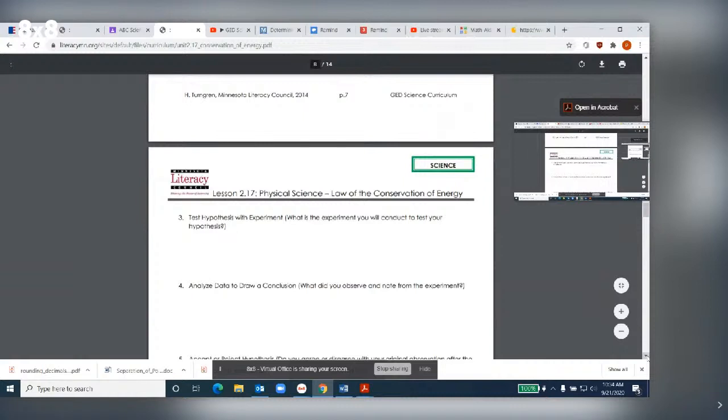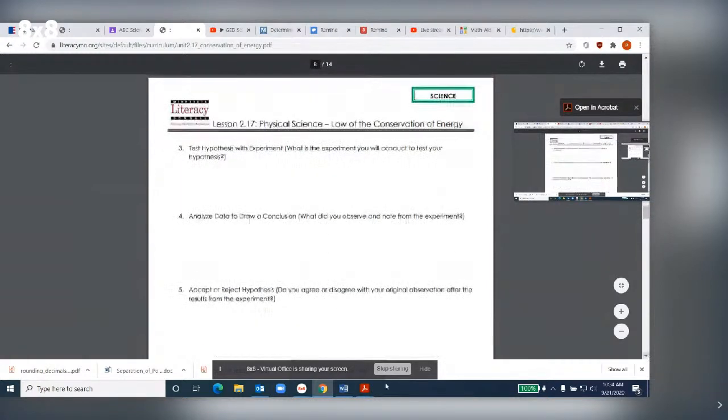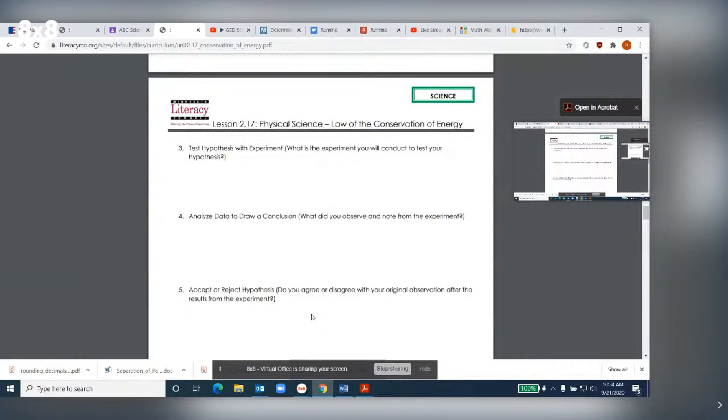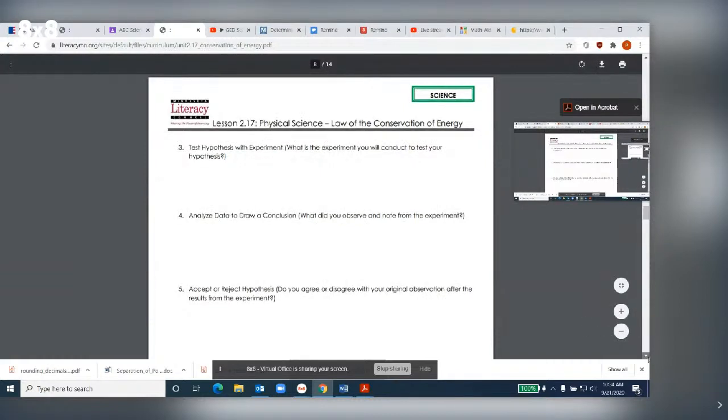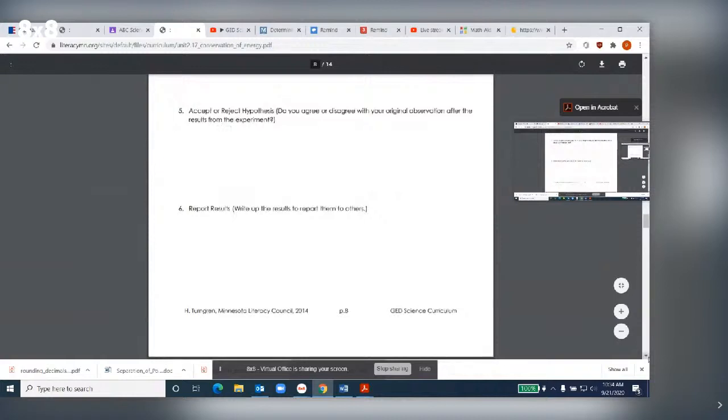Based on that, you're going to have an idea of whether your hypothesis worked or not. And then the next step: it did, gasoline solved my problem, my car turned over and started, or even though I put gasoline in there, the car still won't start. And then the last step is you just report your results. So that's the scientific method.